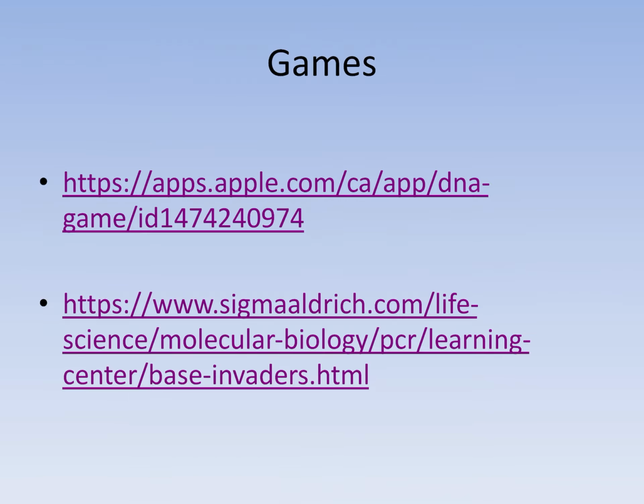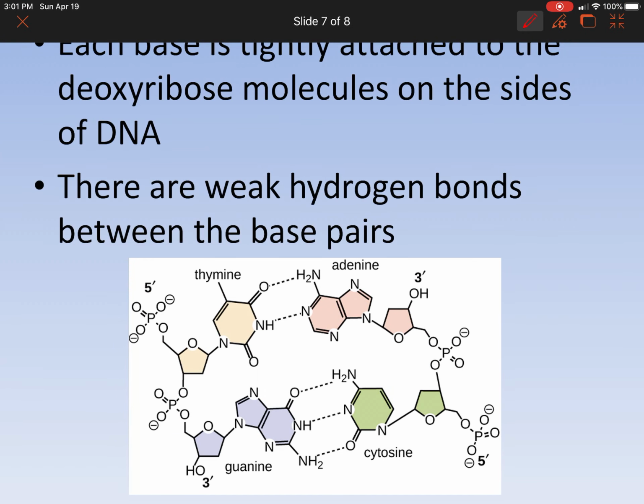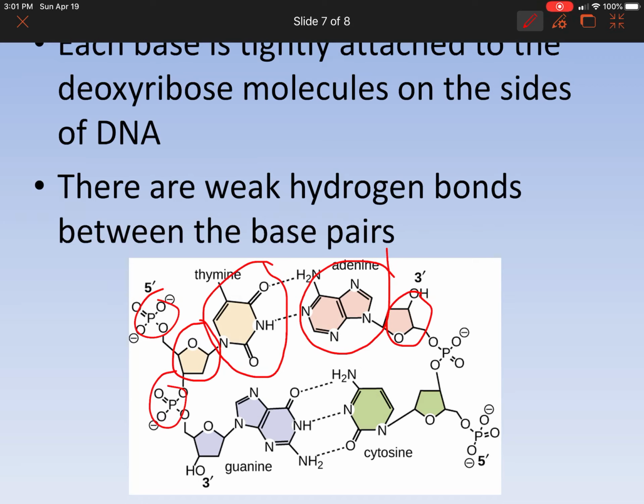So for example, this is our thymine here, and this is our adenine here, and then these are our sugars, and then here, these are the phosphates. Okay, and in between here, this section here, these dashed lines, those are the weak hydrogen bonds. So they're where the dashed lines are.